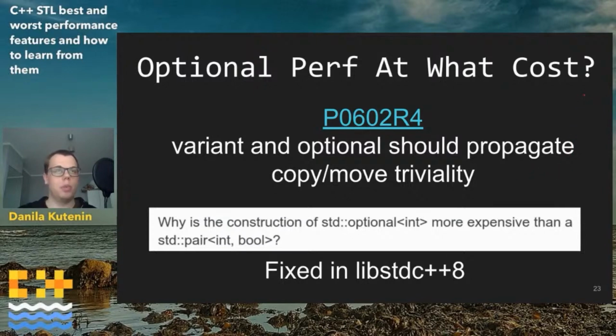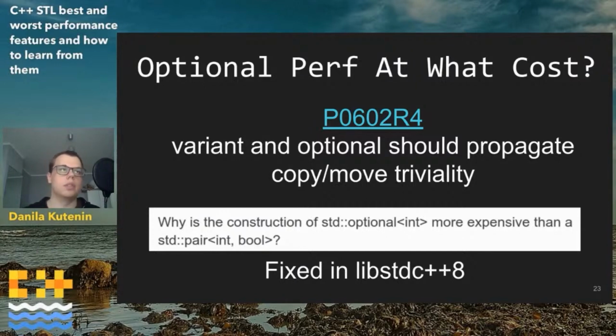Unfortunately, this was a problem even in real life. Actually, after optional was standardized, and variant, not at the very last moment, but in the last meetings, there was a proposal to propagate copy and move triviality.